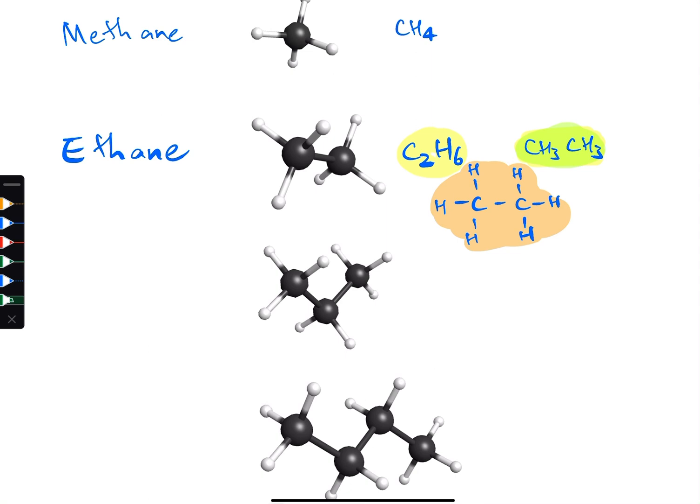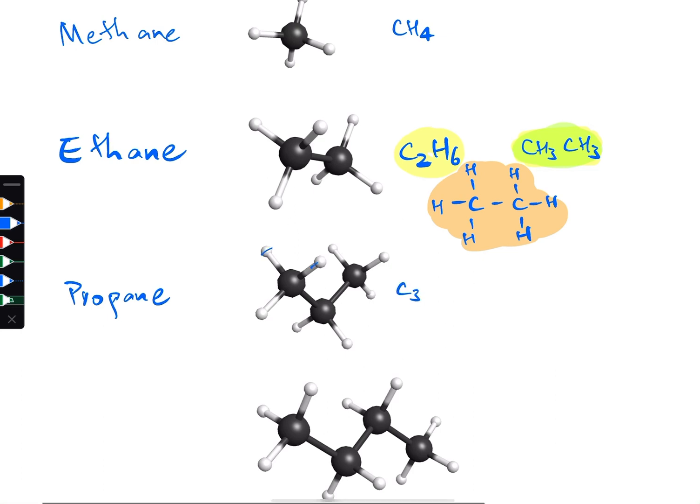The next one has 3 carbon atoms, and this is called propane. It has molecular formula C3, and if you count the hydrogens, 1, 2, 3, 4, 5, 6, 7, 8, there are 8. The structural representation is this.